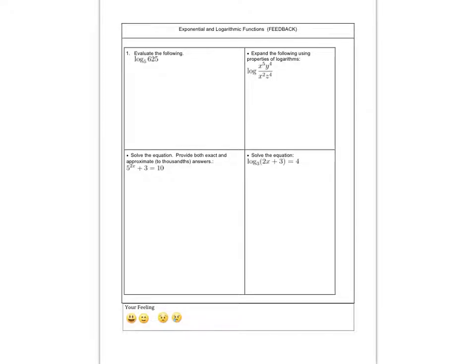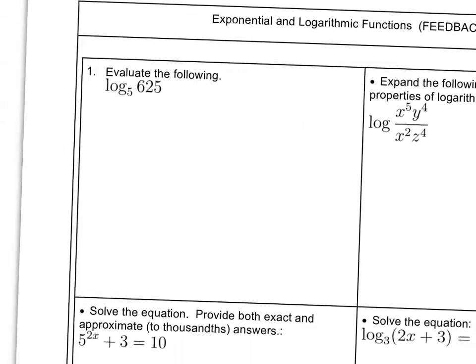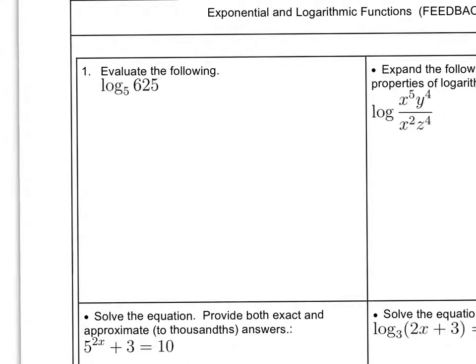Next up, we got some exponential and log stuff. For number 1, which is designed to be done without a calculator, I've got to evaluate this log. One way to think about this is using what we know about logs, which is that if a base to an exponent is equal to some argument, that means that log of that base of that argument is equal to that exponent.